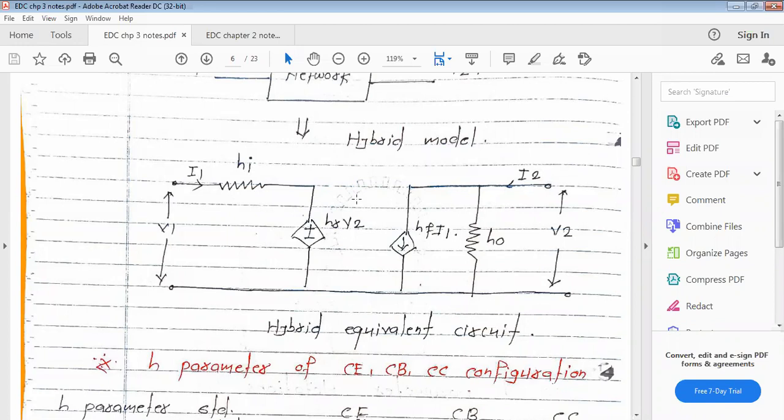Everyone understood this? Yes or no? Hello? Is there any doubt?